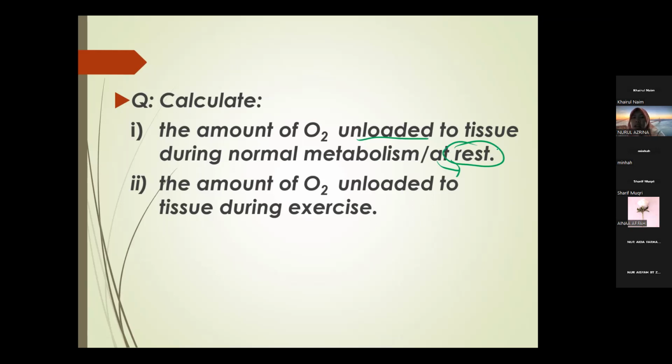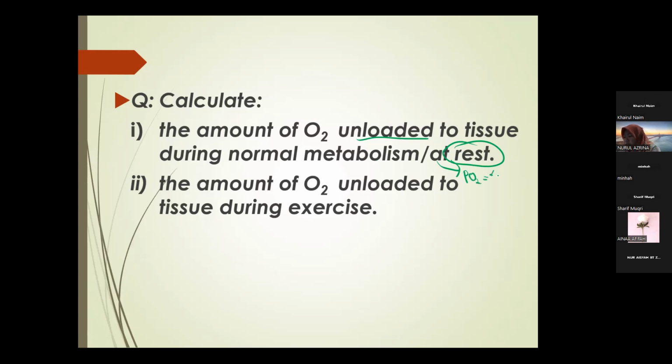Madam nak tanya dulu. Apa maksud during normal metabolism tu? Normal metabolism means partial pressure of oxygen is 40 mmHg. Right? So baru kita boleh tengok what is the amount of oxygen unloaded.